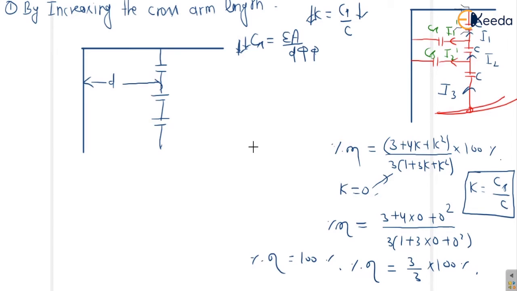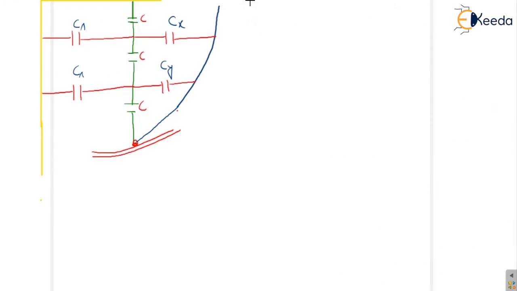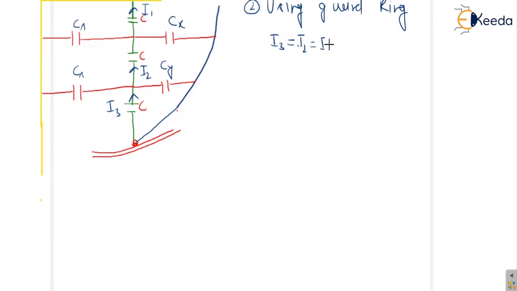Now I am going to discuss the second method. The second method is using a guard ring. We know that, see in the diagram, this is I3, this is I2, and this is I1. If I3 is equal to I2 is equal to I1, then as we have seen previously, V3 will be equal to V2 is equal to V1.